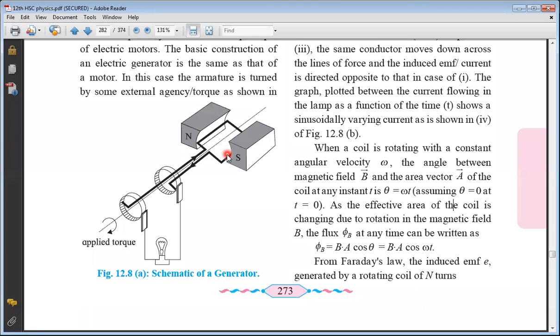According to that, different power plants are there. In a hydroelectric power plant, water falls, and all this is on a drum, which we call a turbine. When the water falls on the turbine, this drum rotates and the coil rotates. If you are in a thermal power plant, then we take water, heat it using coal, and convert it into steam. The steam we allow to fall on this turbine, and the turbine rotates, the drum rotates, and the coil rotates.